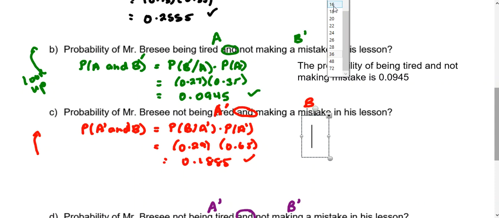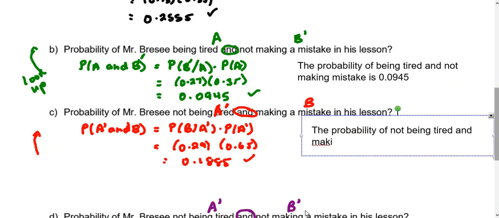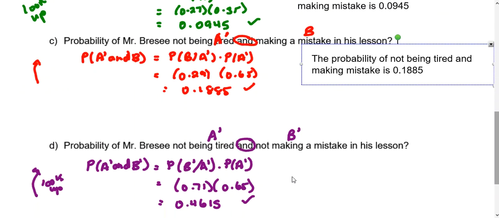All right, the probability of not being tired and making a mistake, that's still pretty low, is 1885.